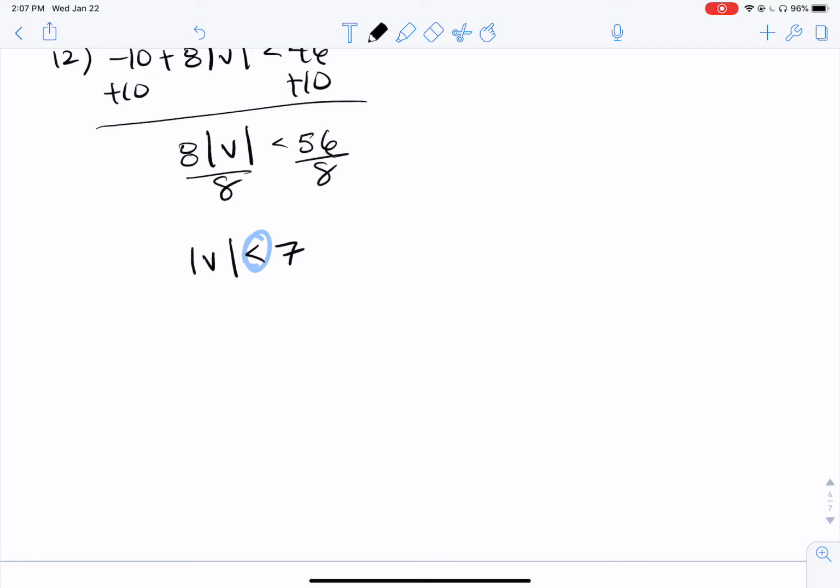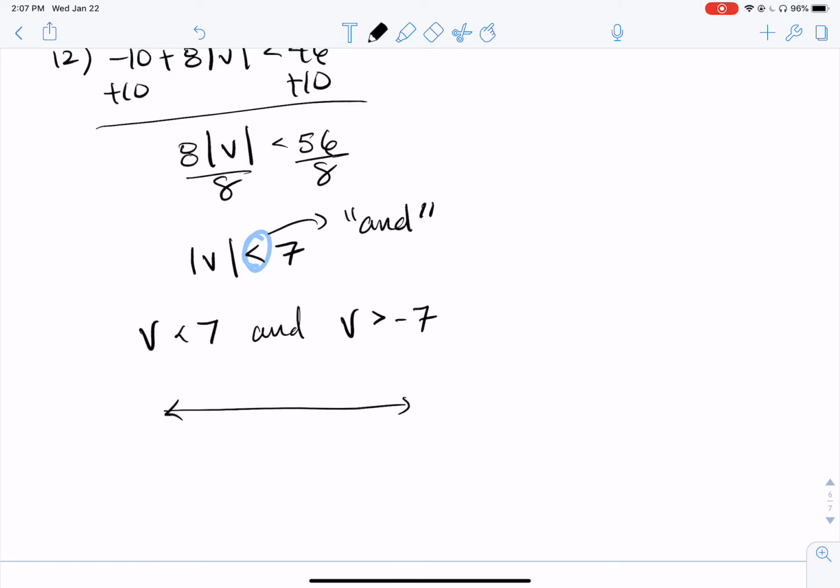So this inequality, again, because it's less than, that is going to create an and compound inequality. So v is less than 7, and v is greater than negative 7. Remember to switch those, so we get to switch those two. So we end up with our solution is going to look like this.